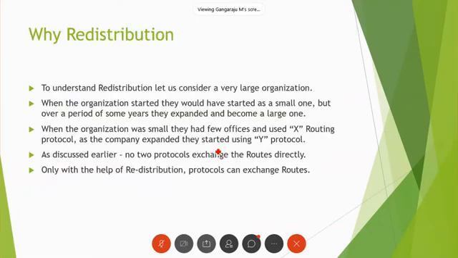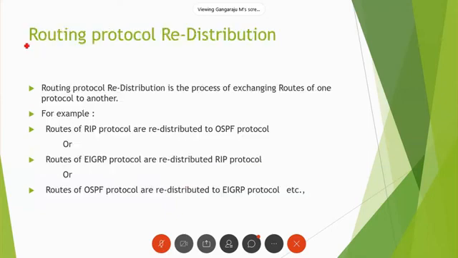So with the help of redistribution, the routing protocols can exchange the routes from one to another, only with the help of the concept of redistribution. Routing protocol redistribution is the process of exchanging the routes from one to another. It could be the RIP protocol sending the routes into OSPF, so the OSPF protocol will learn the routes that are learned by RIP.